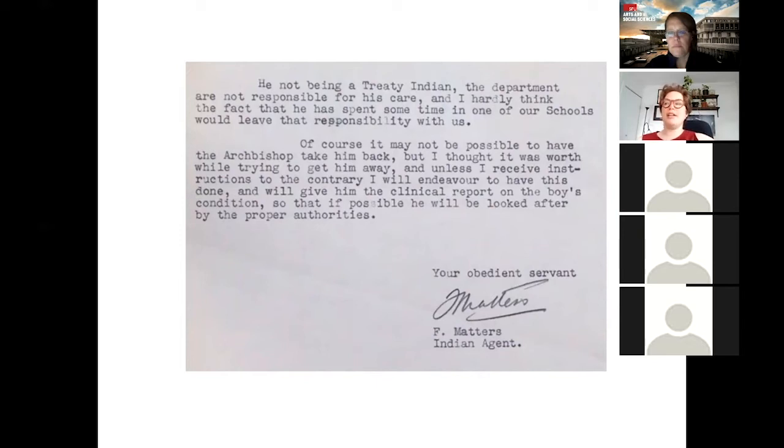So an Indian agent was someone who basically was in charge of an Indigenous community. And the only real qualifications for this job was that you had to be a man, you had to be white, and ideally you had to be able to read and write, although there are some cases where people couldn't. And they had all sorts of power over Indigenous people. So they could decide whether or not you were allowed to see a doctor.